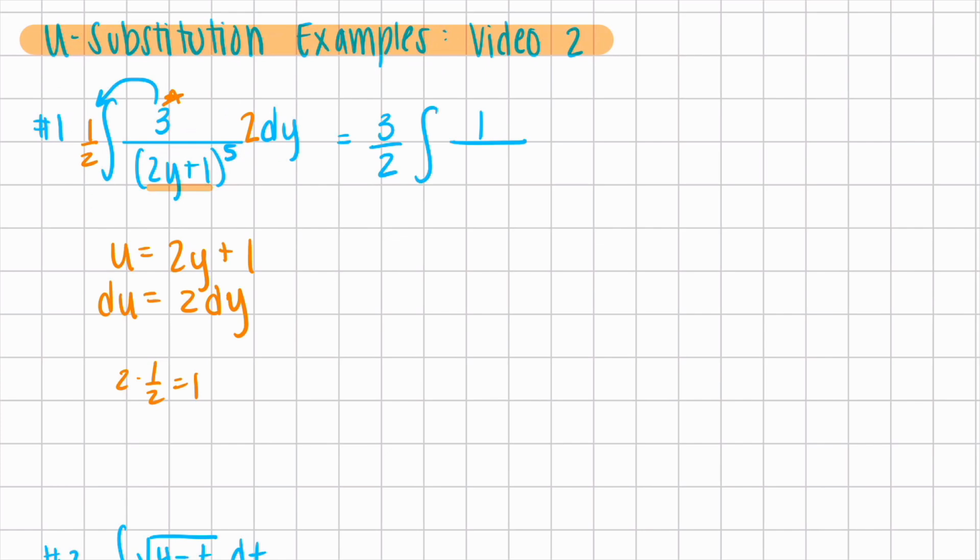I'm going to replace everything, make everything in terms of u. So I have 1 over u to the 5th du. To make my integration easier, I'm going to rewrite this as u to the negative 5th du. All right, let's integrate. Negative 5 plus 1 is negative 4, so I'm multiplying by negative 1/4. Don't forget your plus c.